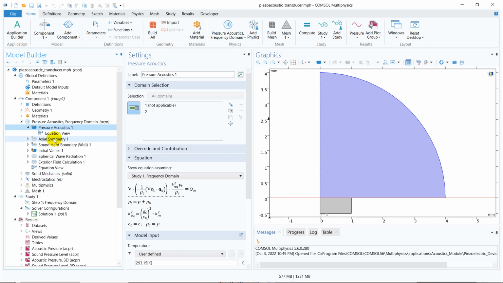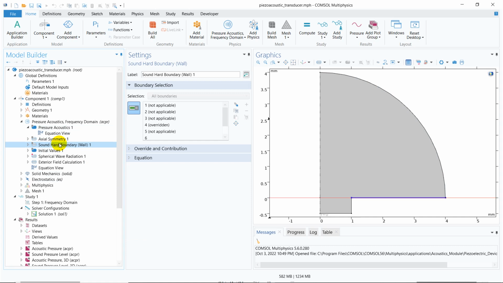Okay. So now let us talk about this sound hard boundary. This is very much useful because in most of the cases we use it, and the mathematical expression of this particular boundary is n dot this particular form is equal to 0. Here n is the normal vector. So here this is the line, and the normal vector will be in this direction, negative y direction or positive y direction.